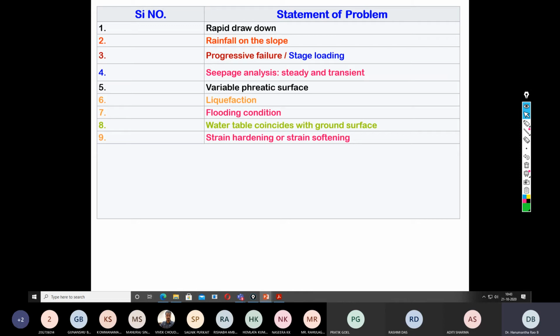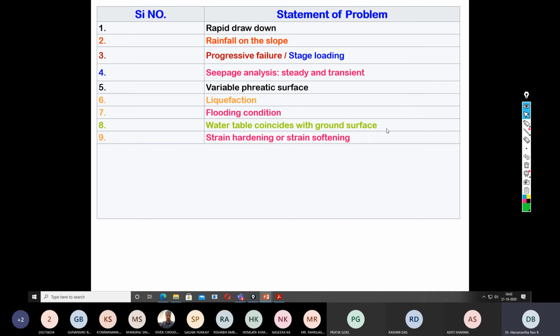Okay, we still have 10 minutes. If you want to ask any question, you can ask me. And regarding your big project also, one additional thing I have added, as you can see here. Yesterday we were discussing rapid drawdown condition, rainfall on the slope, progressive failure or stage loading, seepage analysis for steady state condition and transient condition, variable phreatic surface, liquefaction, flooding condition, water table coinciding with the ground surface.